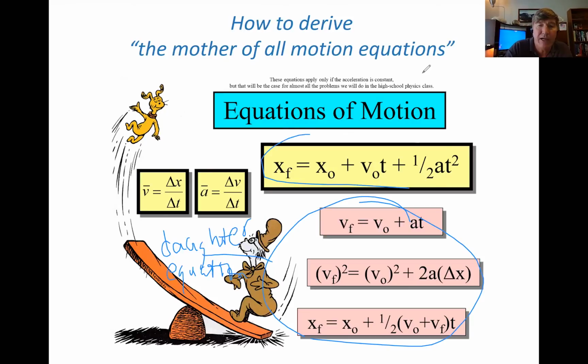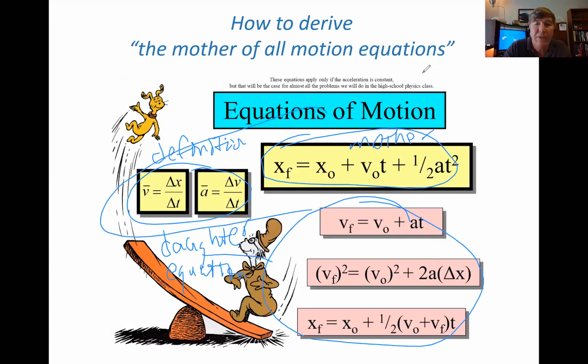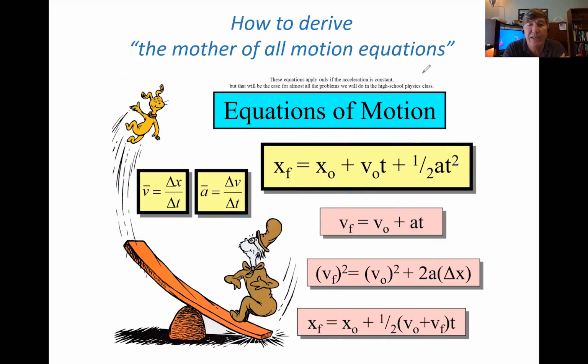This one up here, I call the mother equation. And these are just the definitions of acceleration and velocity. So if you know the mother plus these definitions, it's possible to derive all these. Now, I'm not going to take the time to do that. I don't think it'd be a useful use of our time, but it is possible to do.